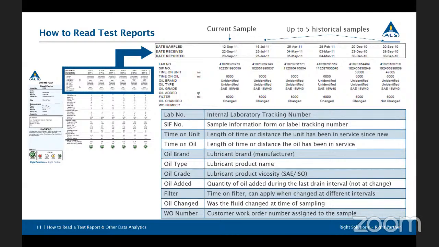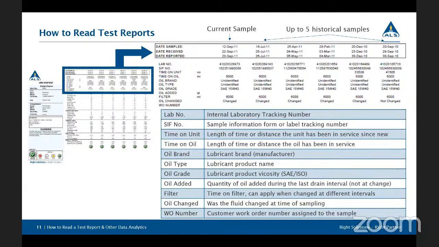Below that is the SIF number, and that's a tracking number that you can record on your end before that sample is submitted. So it's either at the bottom of your sample information form, or it's going to be on a bottle label that comes with your kits. And that's something that you can write down, record, keep in a safe place, and then utilize that to then call the lab, reference that to find a sample, or you can go on WebTrieve and you can type that tracking number in and find a report very quickly.